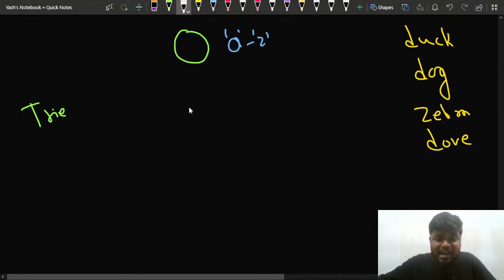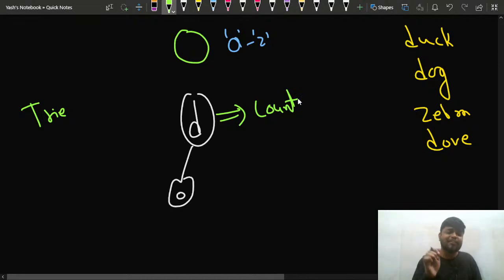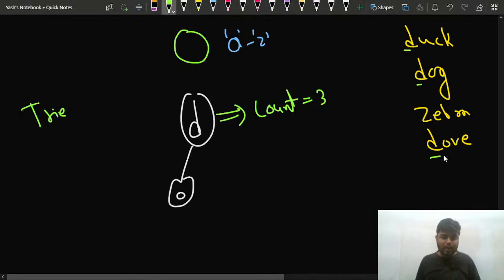Suppose I make a node D and I have a node O. What is the frequency, or the count of the total number of words which have the alphabet D in them? Is it clear that the count is nothing but 3? Because D is occurring in dog, in duck, and in dove. So can I say that the count of D is nothing but 3?